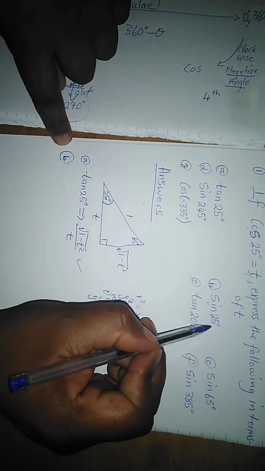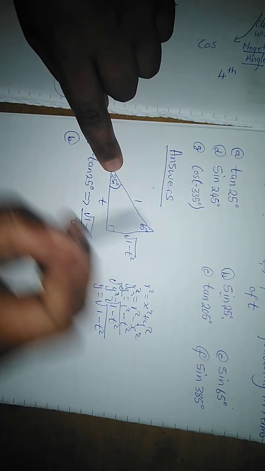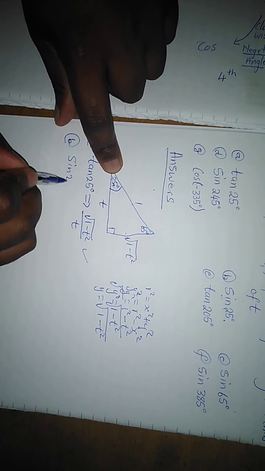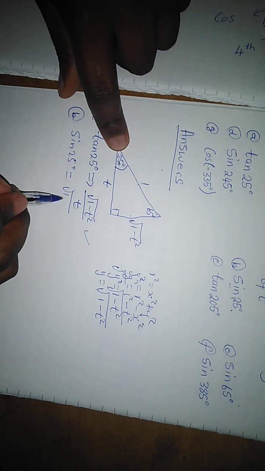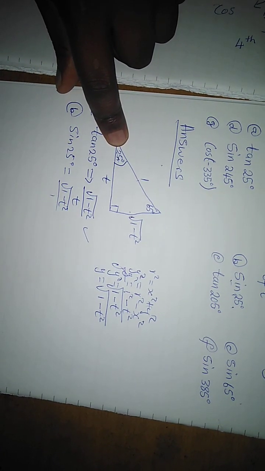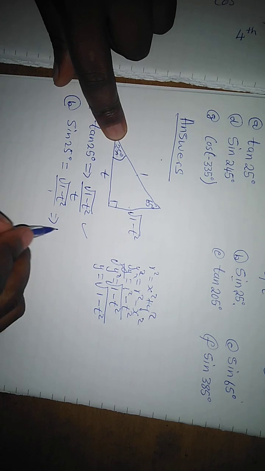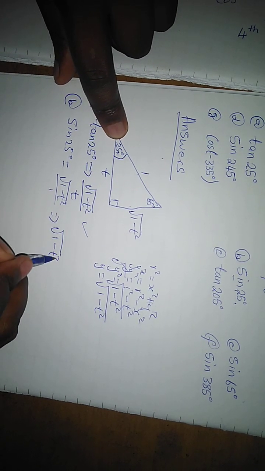I'm done. Then B: I have sine of 25. Sine is opposite over hypotenuse, so I will have the square root of 1 minus t squared all over 1, which is the same as the square root of 1 minus t squared.